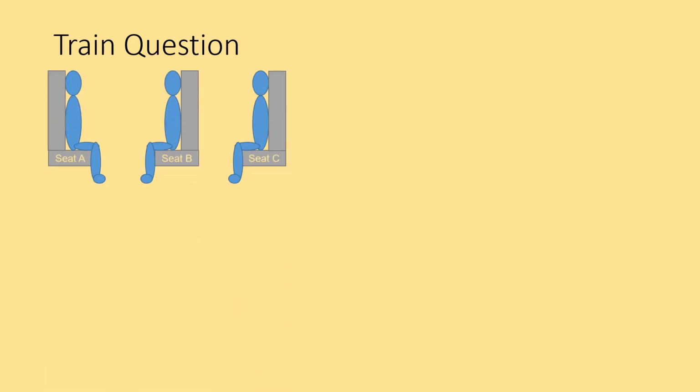So let's look at this train question. You have 3 seats, seat A, seat B, and seat C. Seat A, the passenger is sat opposite seat B, and seat C, you're in airline configuration, sat behind seat B. Normally there'd be a table in between A and B, but we're just going to ignore that for a moment.